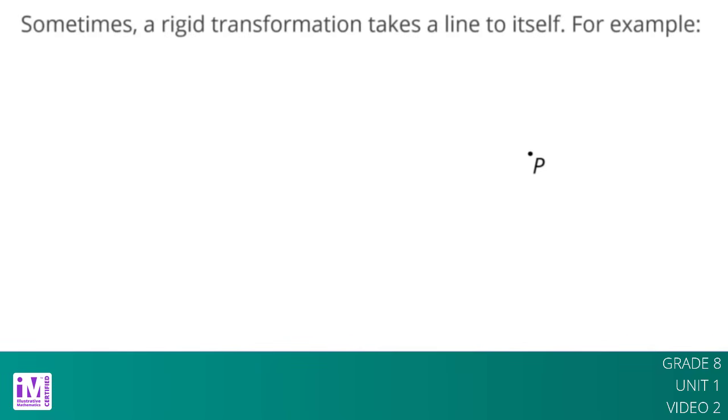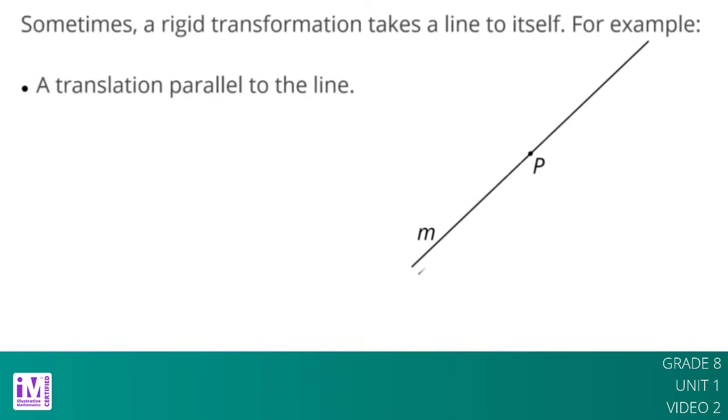Sometimes a rigid transformation takes a line to itself. For example, a translation parallel to a line. Here, the arrow shows the distance and direction of the translation of line M that will take M to itself and a point P on the line to a point P' on the line.